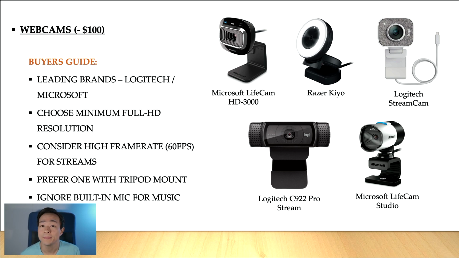Consider buying a webcam with a high frame rate. So what is frame rate? Frame rate is the number of pictures taken and being displayed in succession per second. Meaning to say, if you have, for example, 24 frames per second, it means in 1 second, 24 pictures are displaying in quick succession. So it goes without saying that the more frames per second, the smoother your video is going to be.